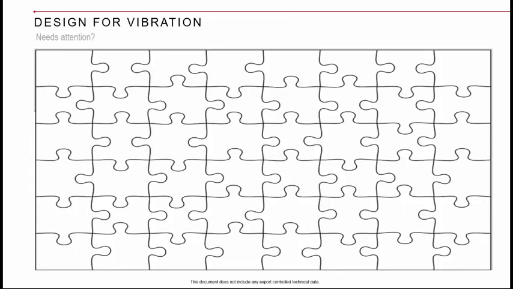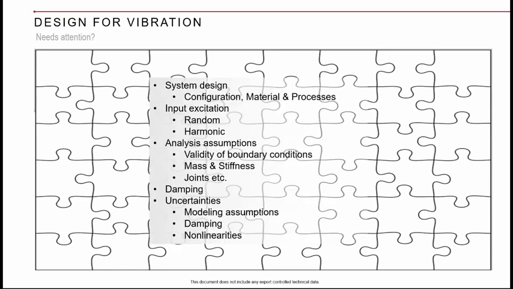Okay. So, why does design for vibration need attention? We already discussed that there are many parameters that we already summarized. So system design is one thing. The configuration, material and processes is anyway required for any design cycle, but what exactly we have to see in that, we'll see in the next slides.